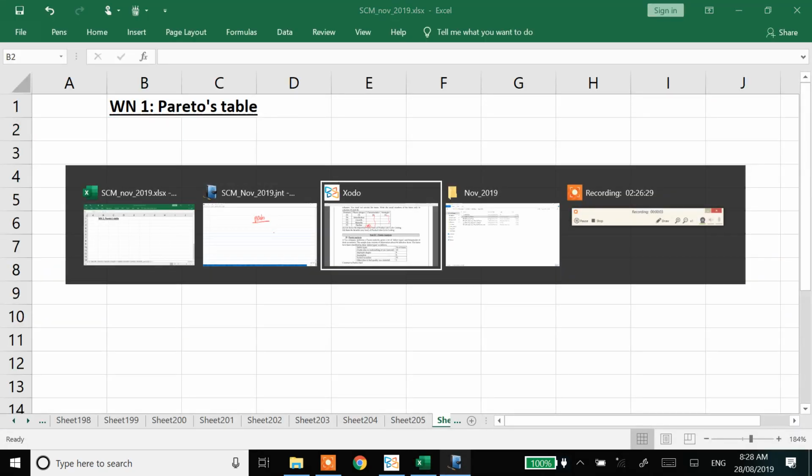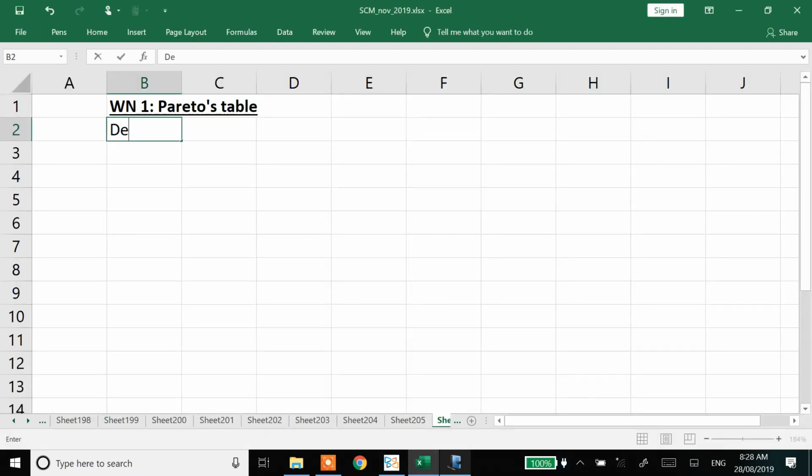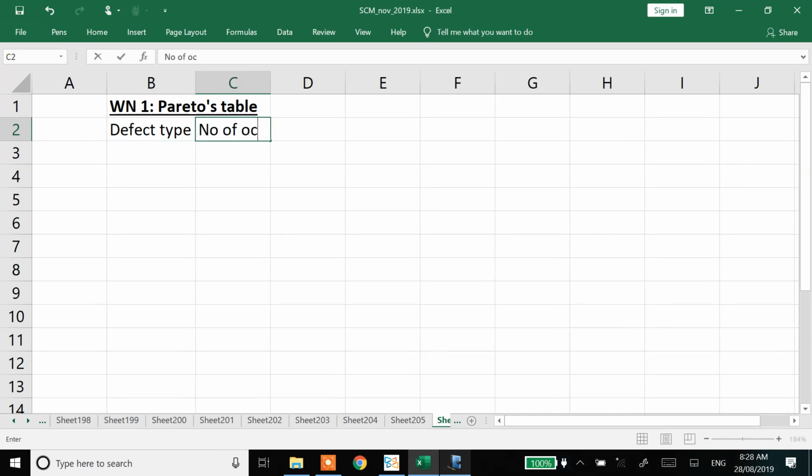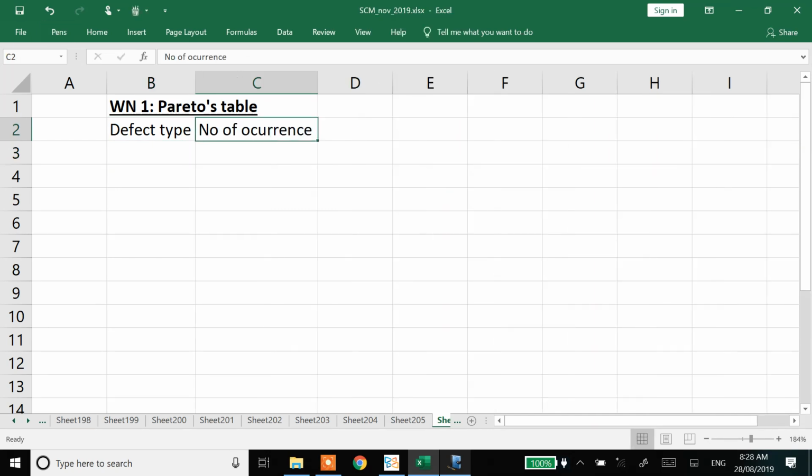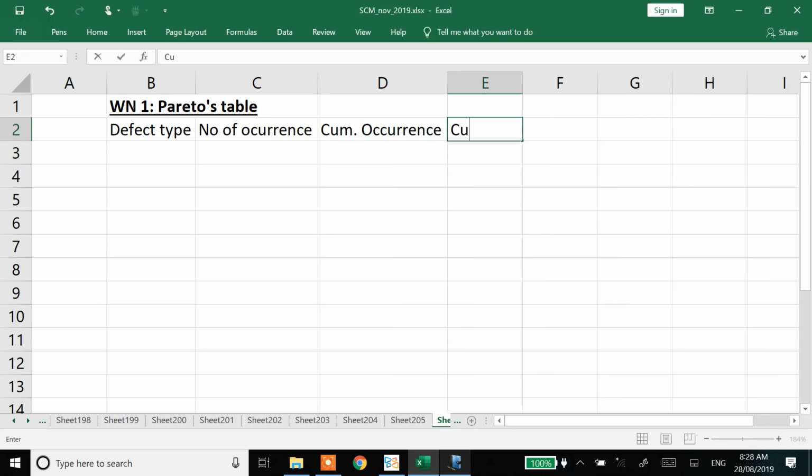Four columns: defect type, number of occurrence, cumulative occurrence, and cumulative percentage.